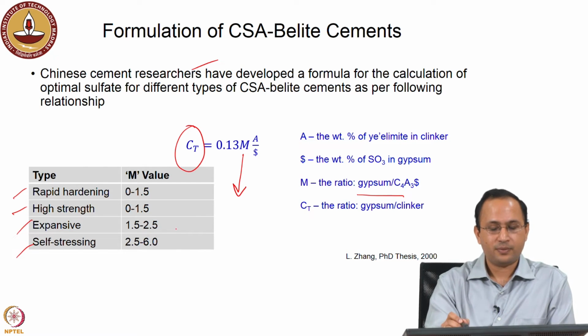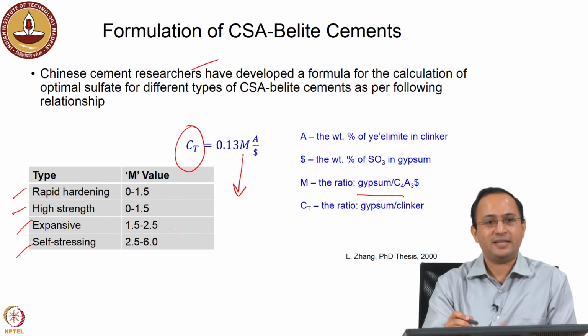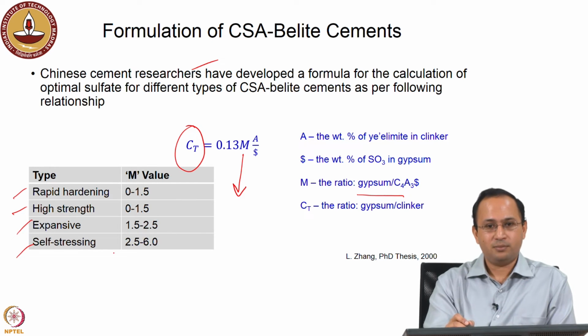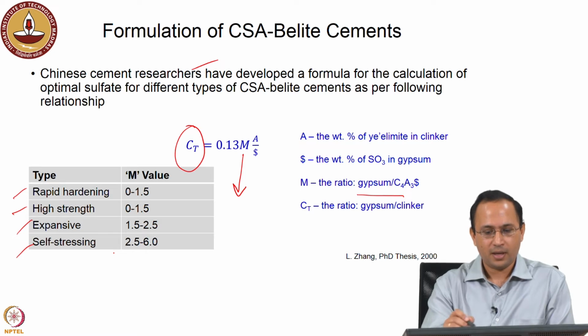If M is from 1.5 to 2.5, the cement will be expansive. That means there will be an increase in volume. In a self stressing system, you have significant expansion that leads to significant compression. We will come back to it, but the important point to note is that this M plays a big role in governing the volume change.